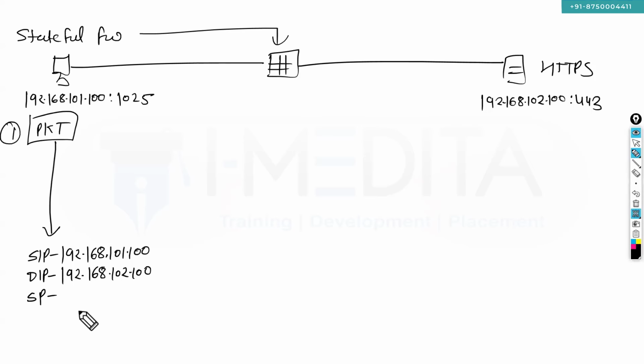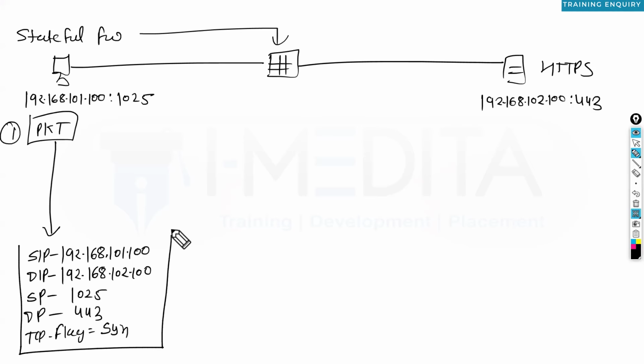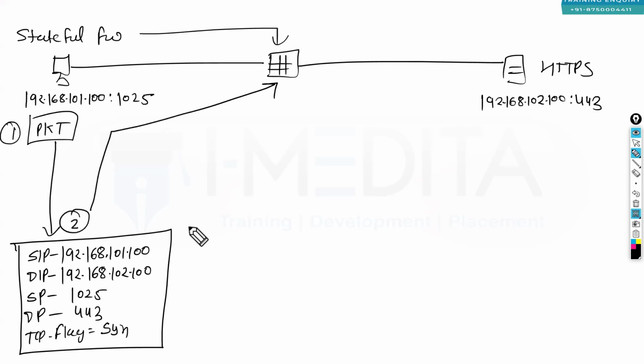Source port 1025. Destination port 443. It is TCP first packet, then TCP flag. We can mention here TCP flag SYN request. Such kind of packet will be generated by PC. This packet will be sent to firewall.